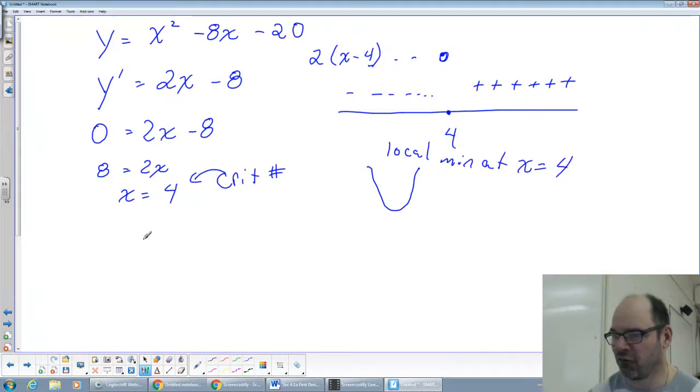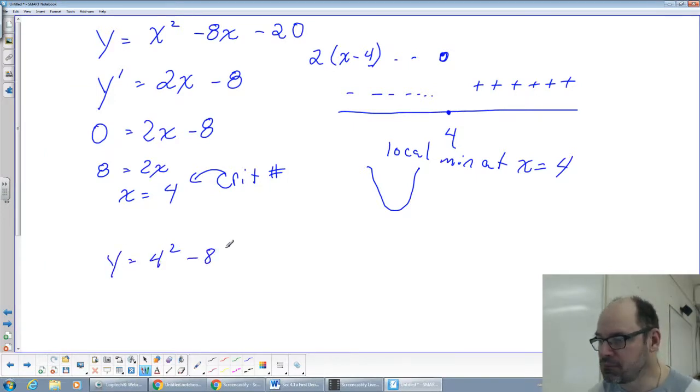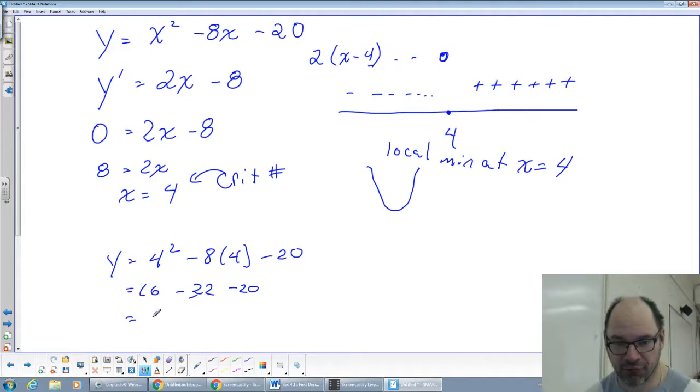Let's find out what y is. What does that give us? Negative 36.